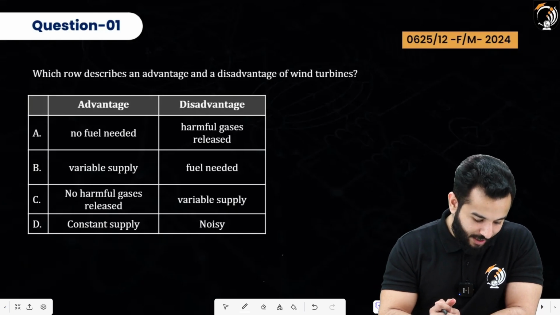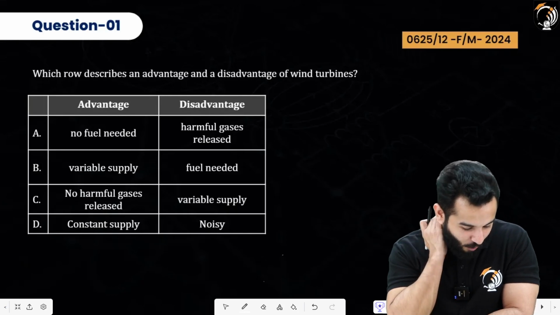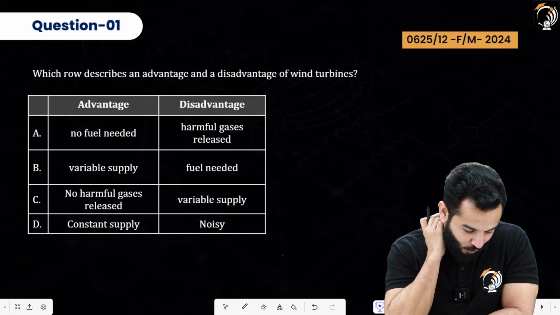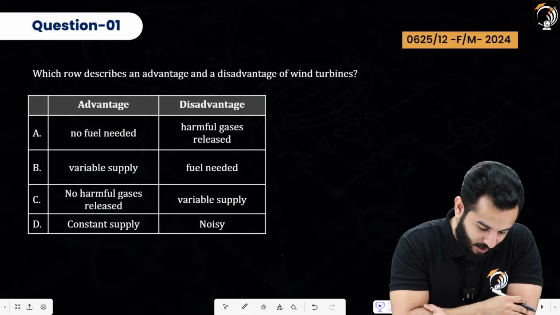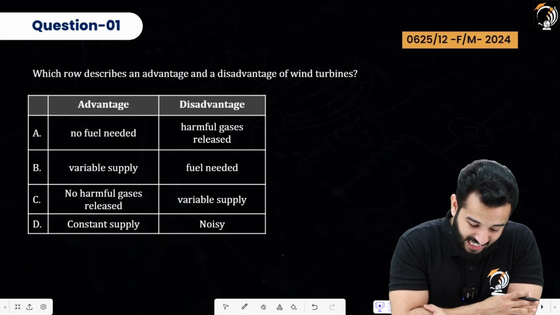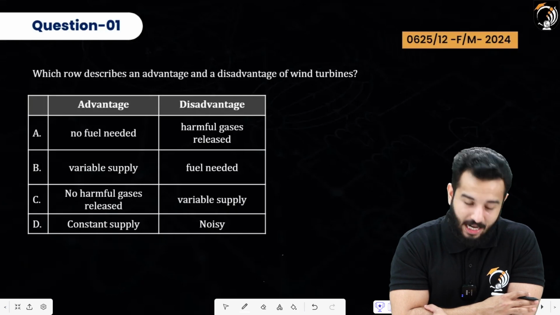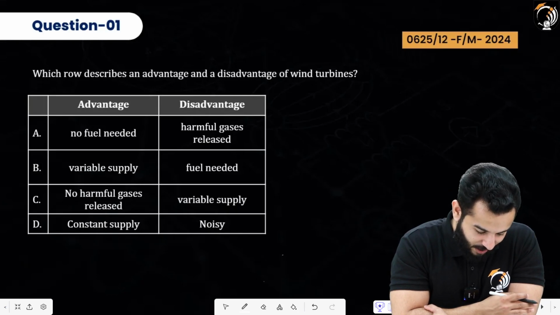So for wind turbines, obviously the advantage is that we don't require any fuel. So that is correct, it is an advantage, but it doesn't actually produce harmful gases, so that is incorrect. Variable supply, well, that is actually not an advantage.